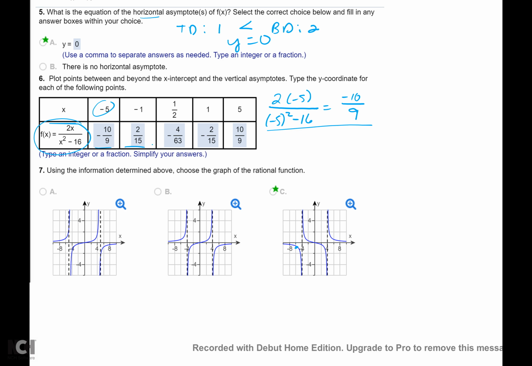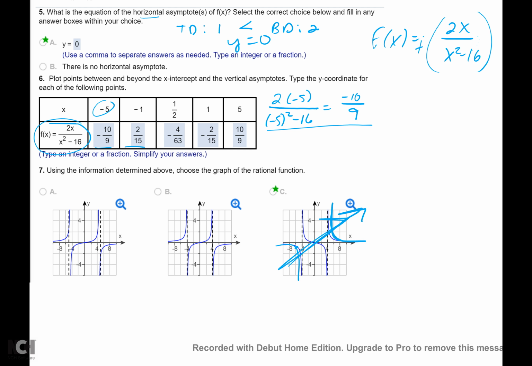Do you see how this whole fraction in my function, I got 2x over x squared minus 16. You see how this whole fraction is positive? If the whole fraction is positive, then I promise your boomerangs, wherever your boomerangs are, have to be boomeranging this direction, up.